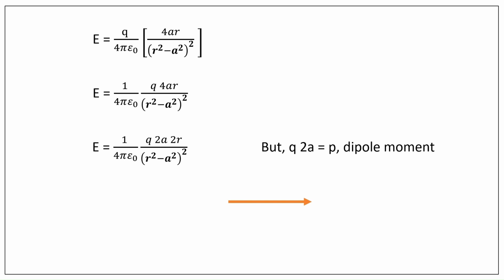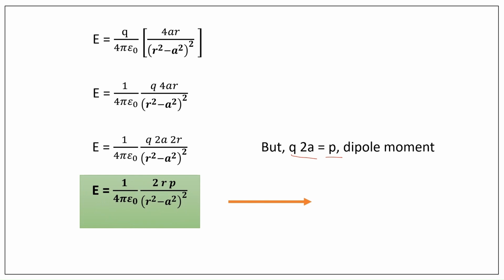Now the above equation can be written as E is equal to 1 by 4 pi epsilon naught into q 2a into 2r by (r square minus a square) whole square. But q 2a is equal to p, that is dipole moment. On substituting p in the above equation, we get E is equal to 1 by 4 pi epsilon naught into 2rp by (r square minus a square) whole square.